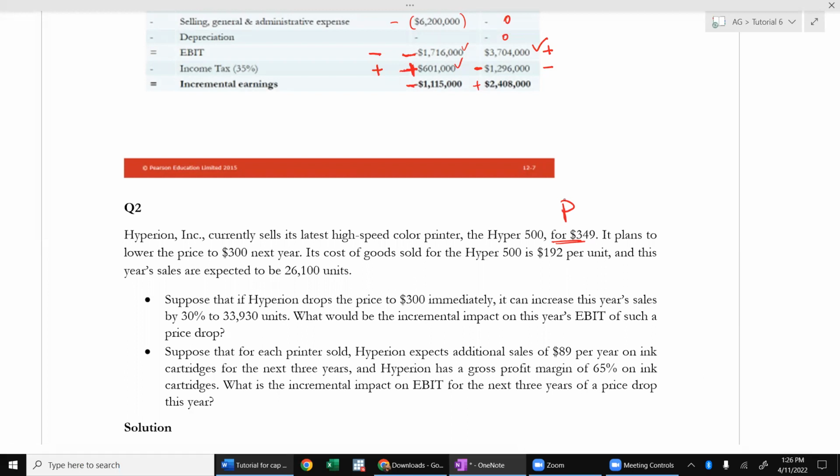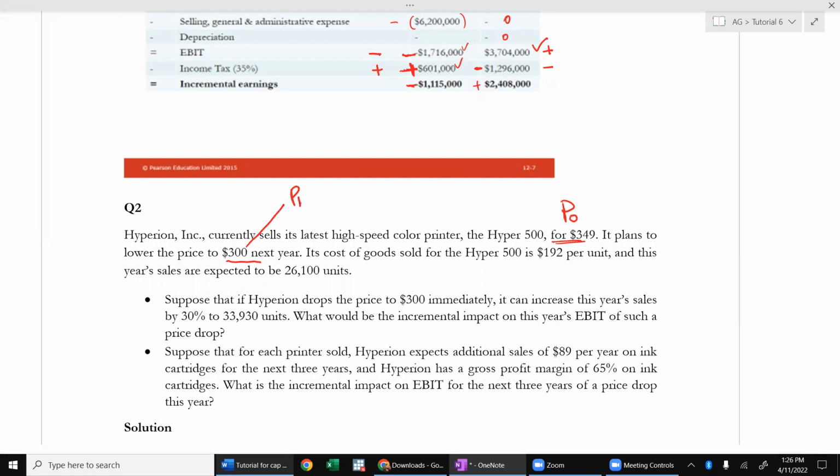So it means the company is making a decision to change the price. So this price will bring some incremental effect. So this is the current price, and this is the price that the company is expecting to lower next year, right?